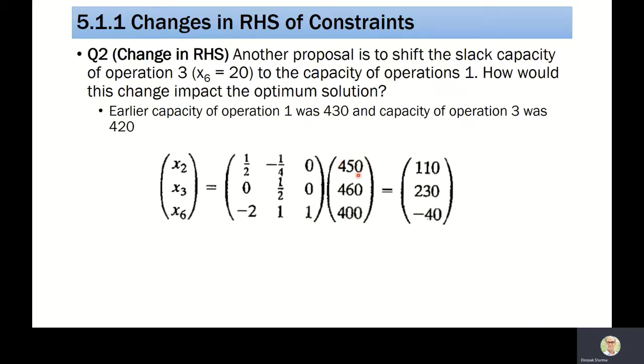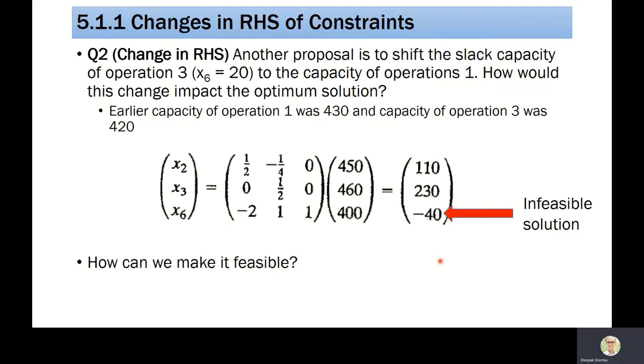The change in operation 1 is 430 plus 20, which is 450, and the third operation is minus 20, so it is 400. We get the x2, x3, x6 values, the current basic solution: 110, 230, minus 40. Our observation is that minus 40 is infeasible because all variables should be non-negative.